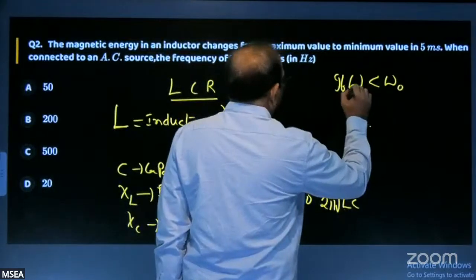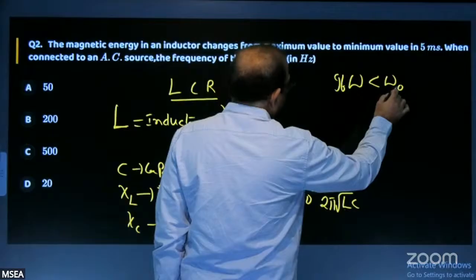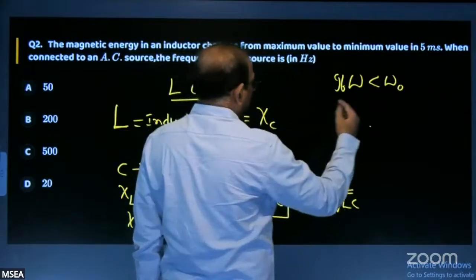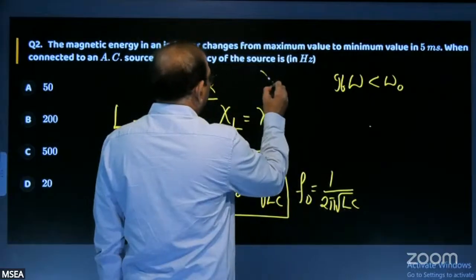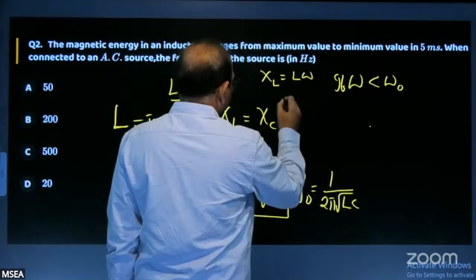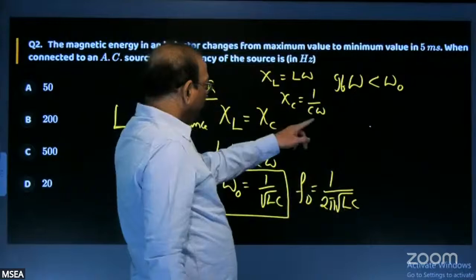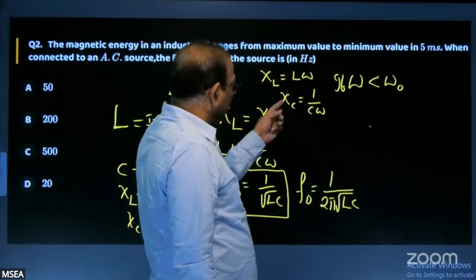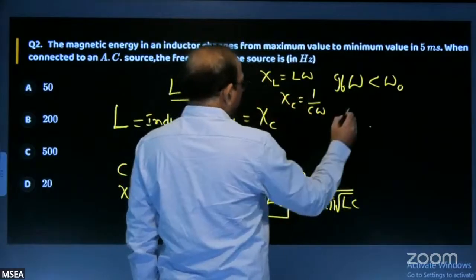Suppose the angular frequency of the source used there is less than the required resonant frequency. If omega is less than omega naught, what will happen, you know? XL is L omega. Capacitive reactance is 1 by C omega. If omega is less, capacitive reactance will be more than inductive reactance.